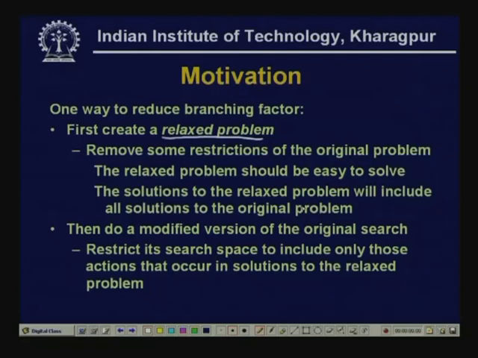So, once you get this relaxed problem, you can do a modified version of the original search, and you restrict the search space to only those actions that are applicable in the relaxed problem.